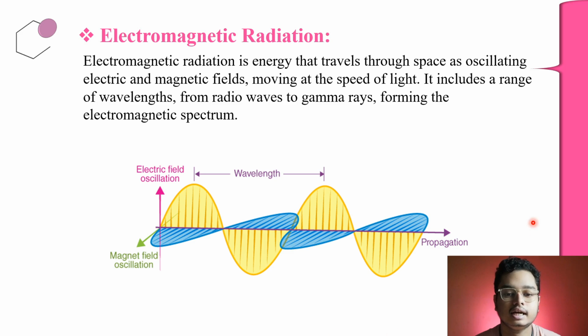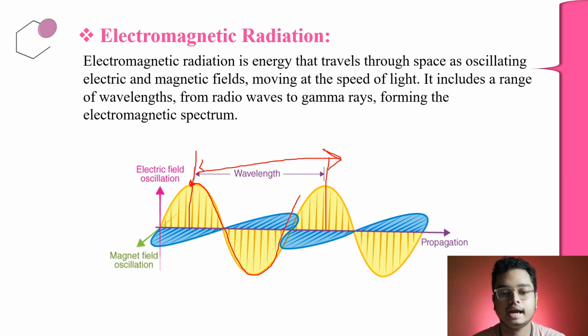So this is electromagnetic radiation, and from here to here is one wavelength. Here a wave starts changing its phase and then again returns to this particular point. The distance required for a wave to return to its actual amplitude, or actual phase, is termed the wavelength.